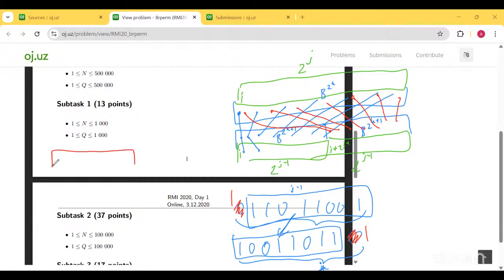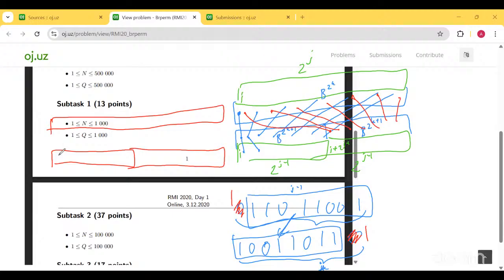So if we see the contribution value of the hashing, the contribution value here is b to the 0, of course. After that, b to the 2k plus 1. 2k plus 1 means b to the k plus 1 times 2. Wait. Is it correct? Yes.